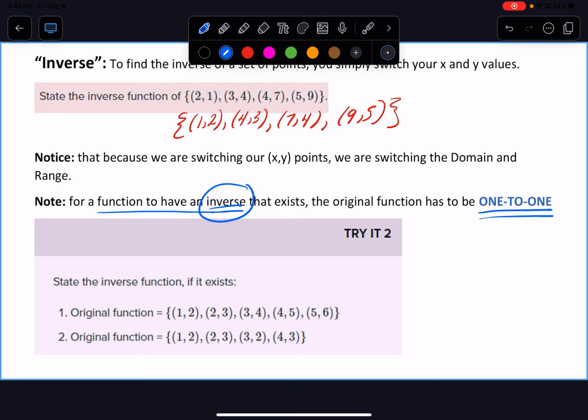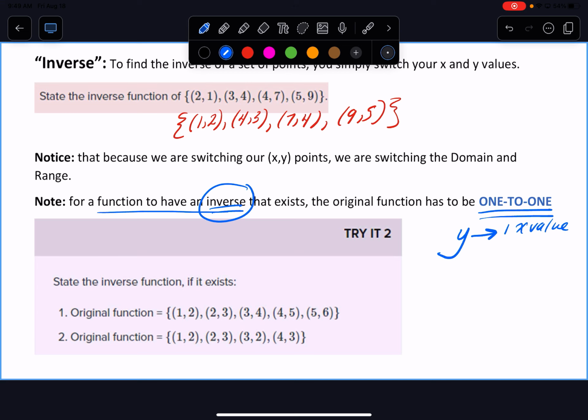So once again, for a function to have an inverse that exists, the original function has to be 1-to-1. So what we would check first is, what does the word 1-to-1 mean? The y values only go to 1 x value. And if that's true, then we can switch our x, y points. If we check and the y value goes to 2 x's, we're not supposed to switch our x, y points. We're supposed to say no inverse.